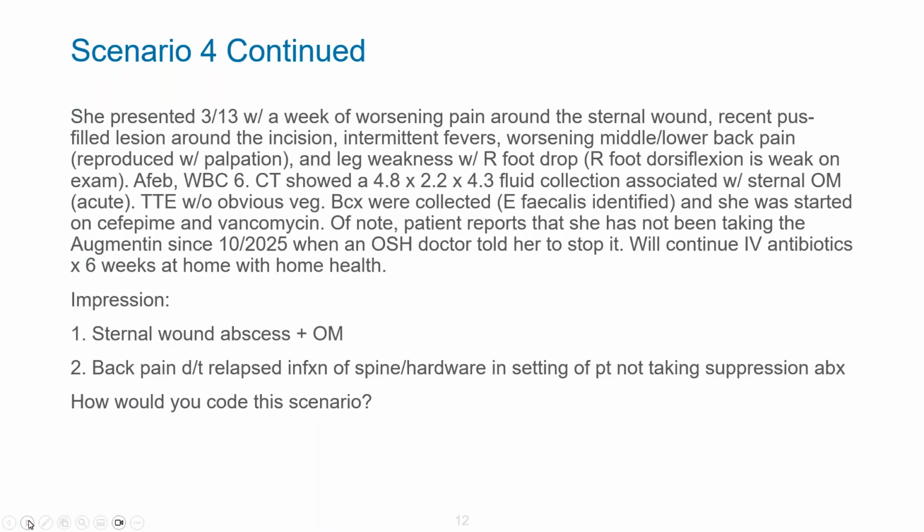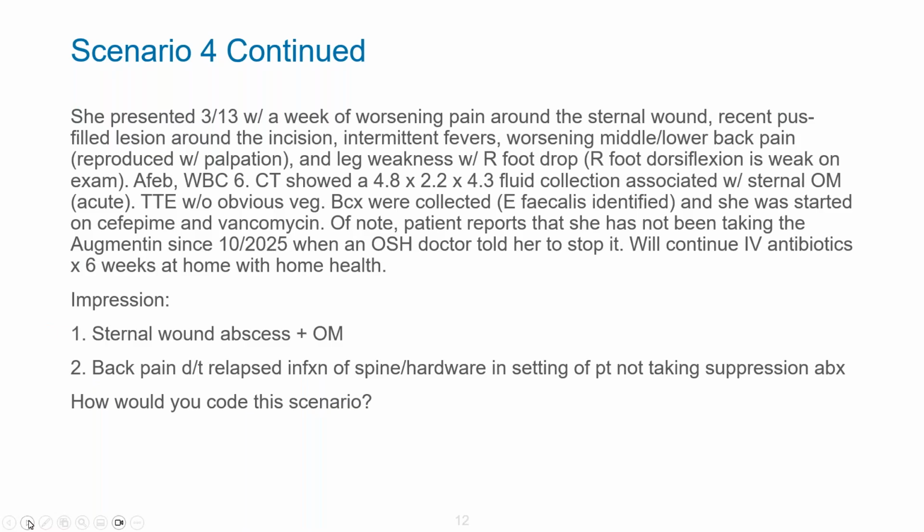All right, she presented 3/13 with a week of worsening pain around the sternal wound, recent pus-filled lesion around the incision, intermittent fevers, worsening middle and lower back pain that was reproduced with palpation, leg weakness with right foot drop, right foot dorsiflexion weak on exam.